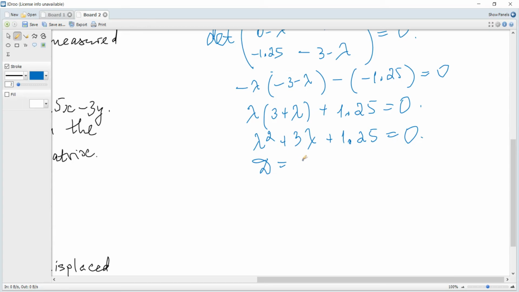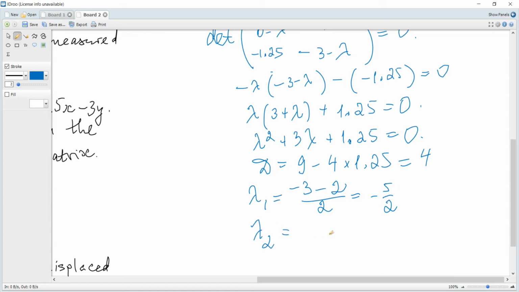The discriminant is b squared, 9, minus 4ac, 4 times 1.25, which is 5. Yes, it's not necessary to multiply. And lambda 1 is minus b, negative 3, minus root d over 2a, and it's negative 5 over 2, and lambda 2 is negative 3 plus 2 over 2.